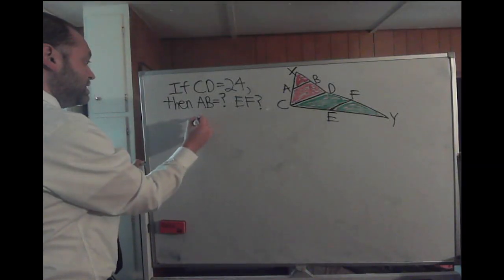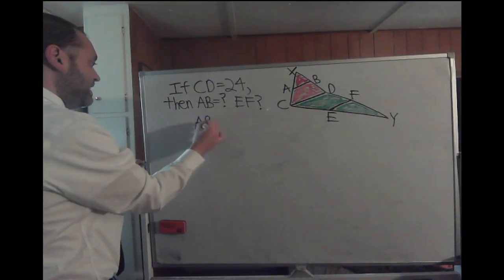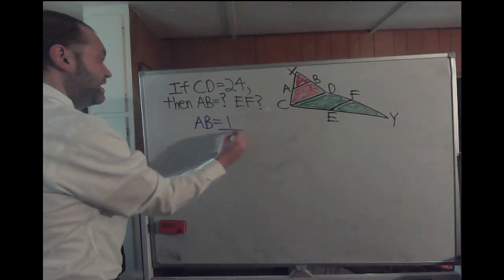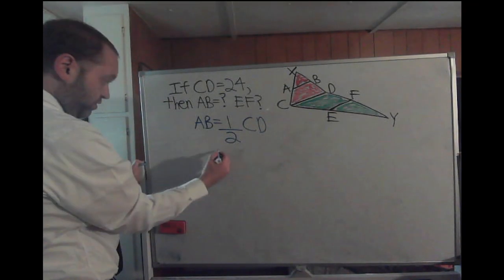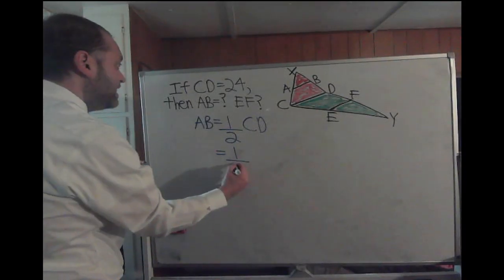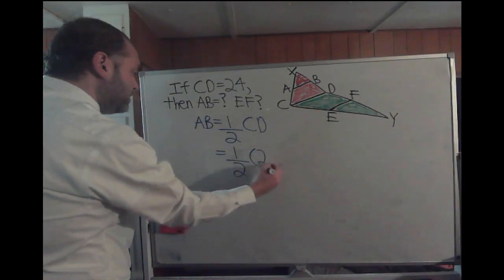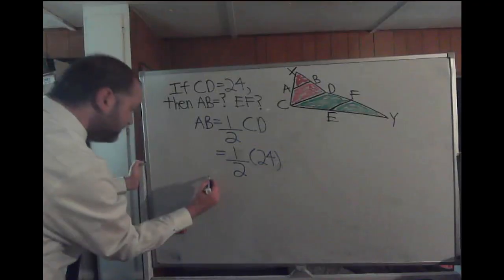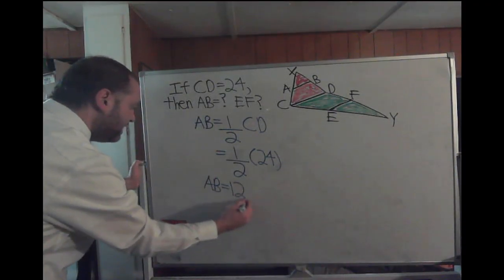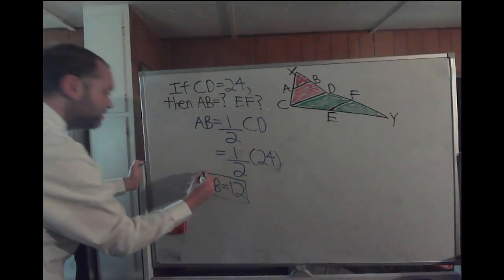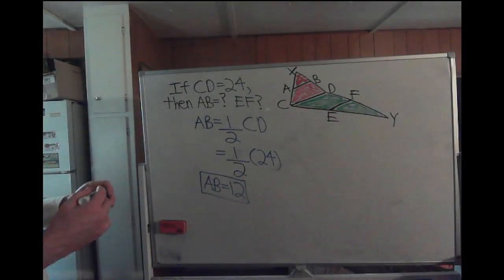So AB is equal to half of CD, which would mean it's equal to half of 24. Half of 24 is 12. So AB would have to equal 12 by the theorems that we just learned.